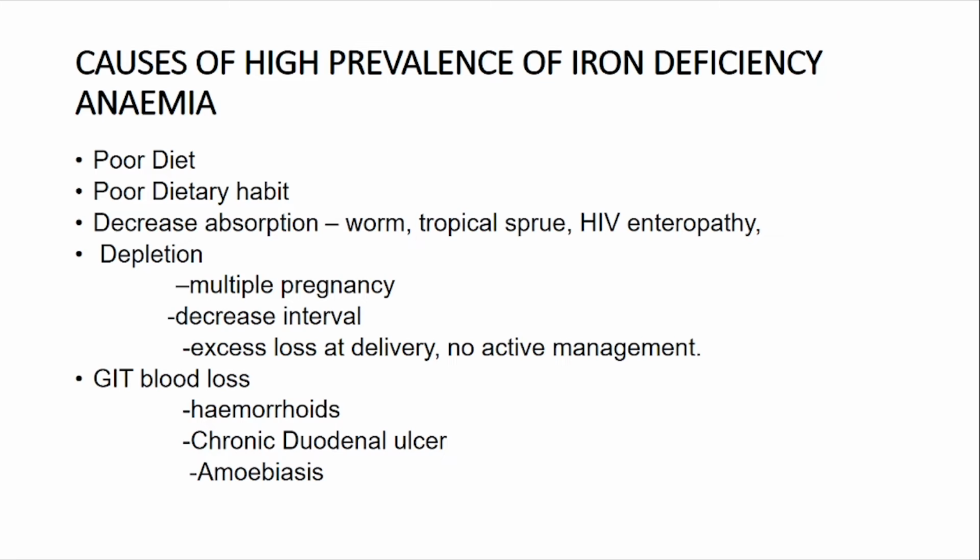What are the causes of high prevalence of iron deficiency anemia in our environment? Because of poor diet, most of our patients are from low socioeconomic status, and because of this, they are not taking adequate diets. Also, poor dietary habits and decreased absorption, probably from worm infestation, tropical sprue, HIV enteropathy.